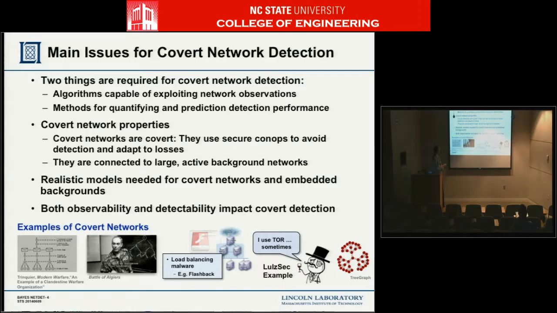And this has to be done in the context of the properties we just talked about. Tautologically, covert networks are covert, and they're going to use security to avoid detection. And also, and this is going to be an issue, they are connected to large active background networks. So most of what's going on you don't care about.